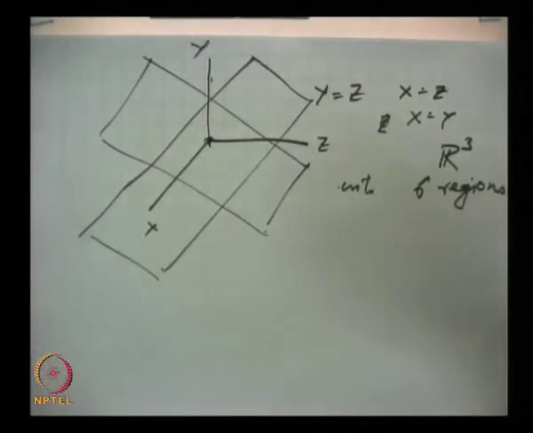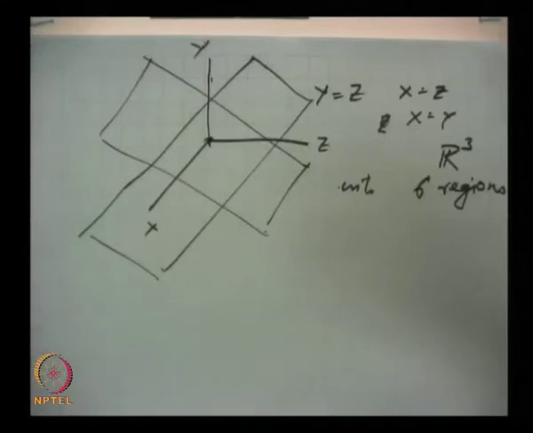Can you see why? When you start, the first plane divides into 2 parts, then you add one more and it divides into 4 parts, but then when I add the third one, it is not 8 parts.